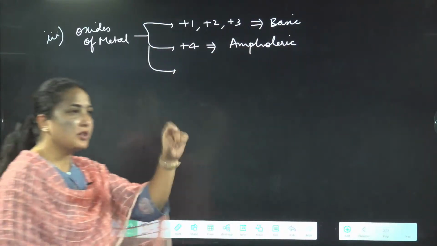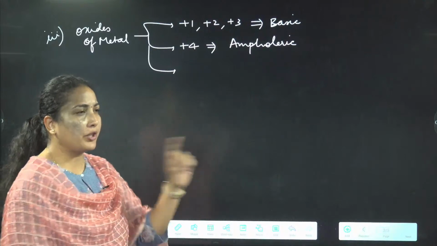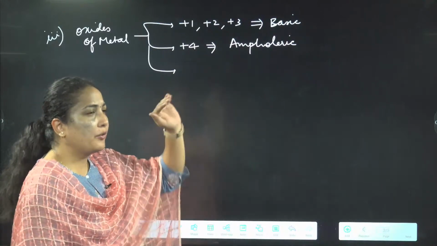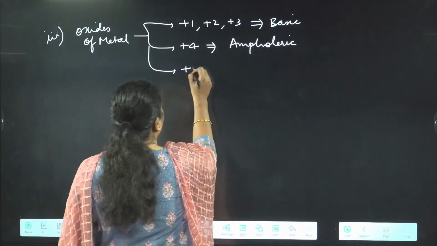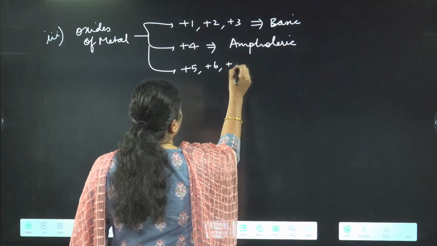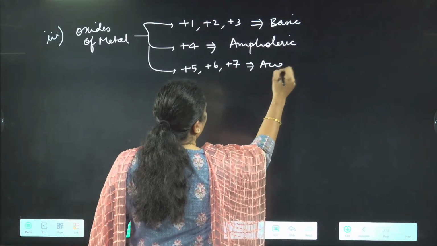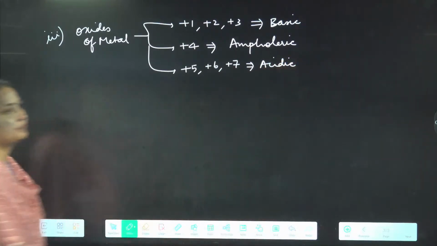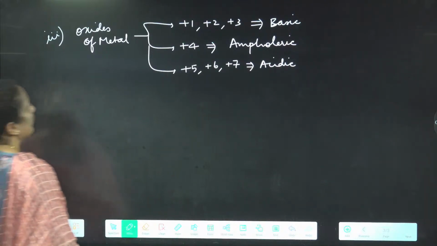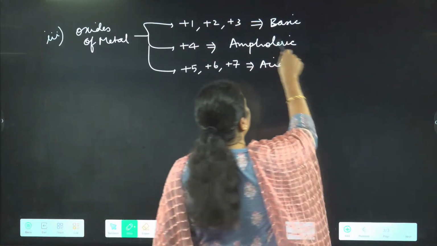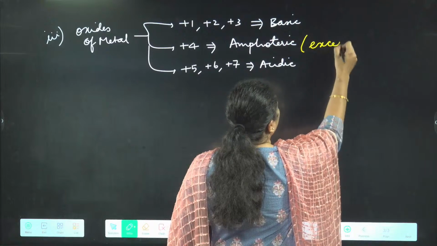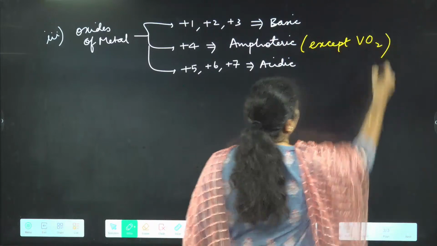Whichever is the exception covered in that particular amphoteric trick is already excluded from here. Then +5, +6, +7, they are going to be acidic. Okay. So do remember, again I'll write down here, this is except VO2, so that you don't repeat the mistake.